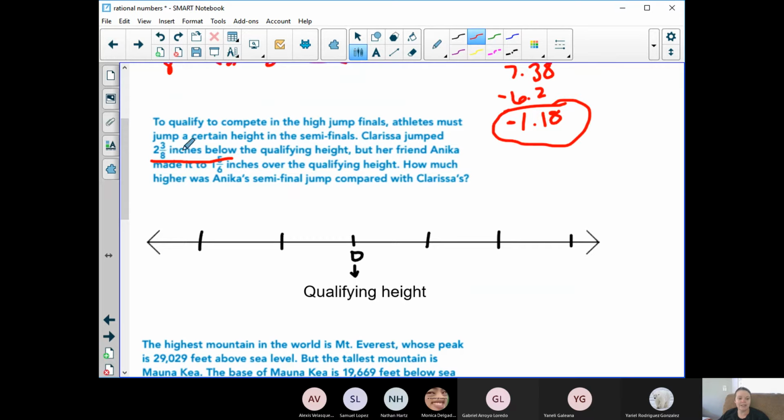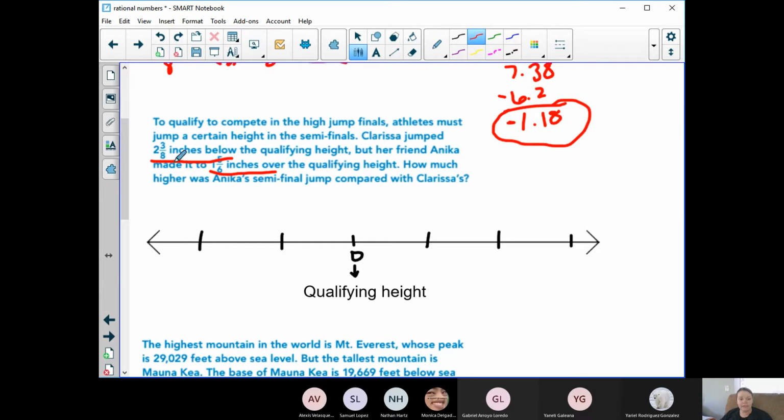Clarissa jumped 2 3/8 inches below the qualifying height, but her friend Annika made it to 1 5/6 inches over the qualifying height. How much higher was Annika's semifinal jump compared with Clarissa's?